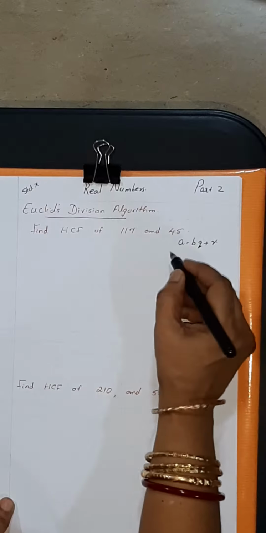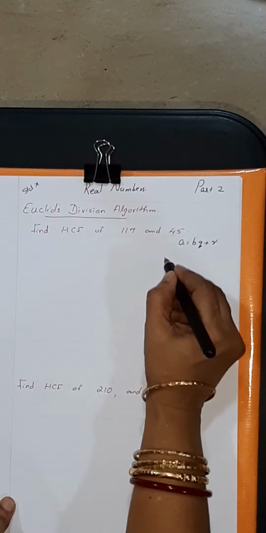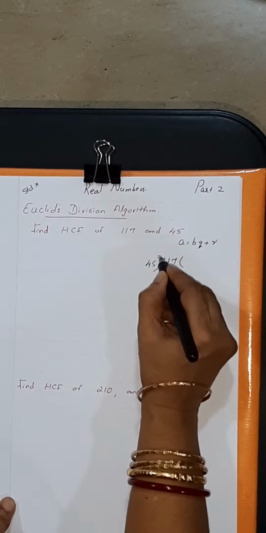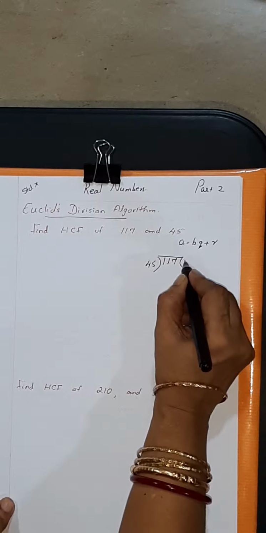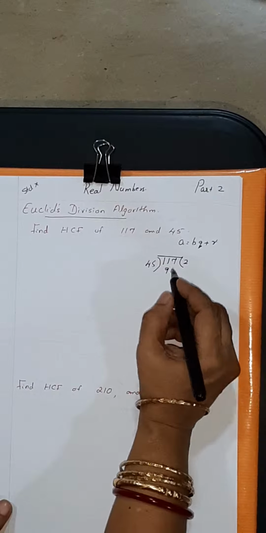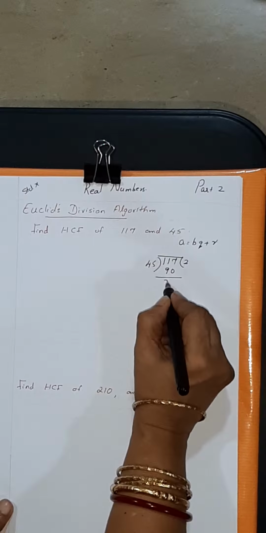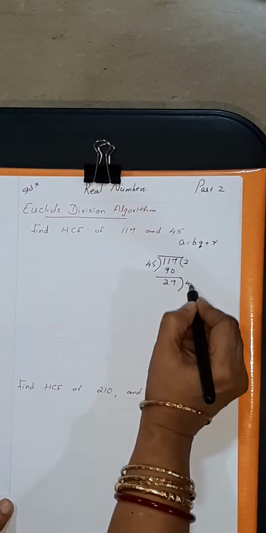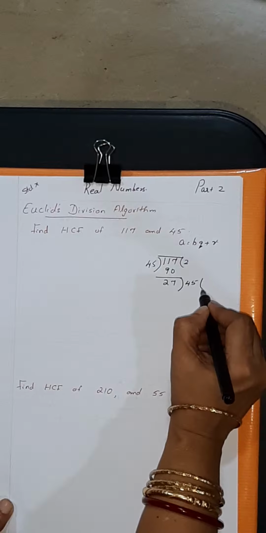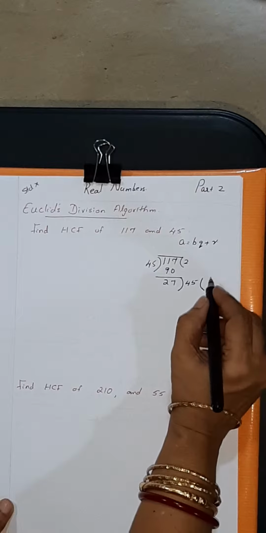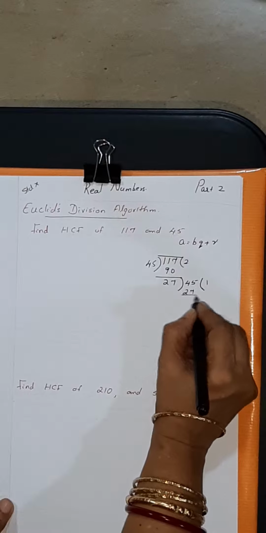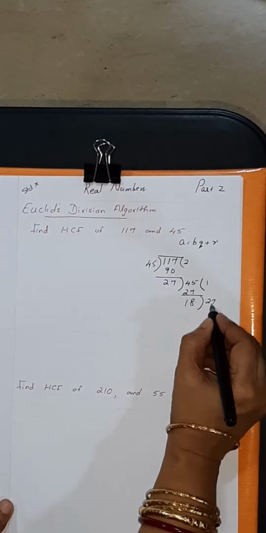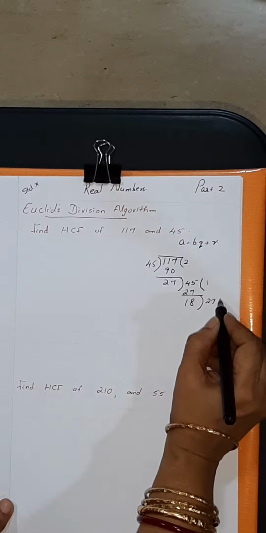So let us divide 117 by 45. You get 2, 2 times 45 is 90, then 27. Now bring 45 here, 45 divided by 27. You will get 1, so we get 18. Now bring this 27 here and divide 27 by 18.